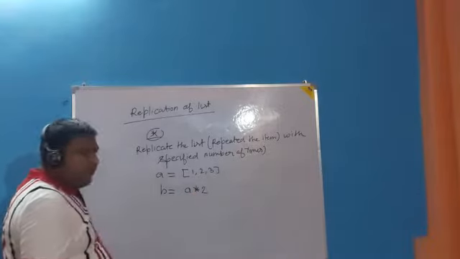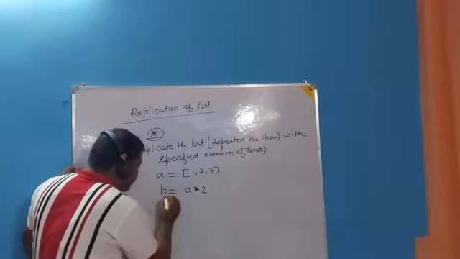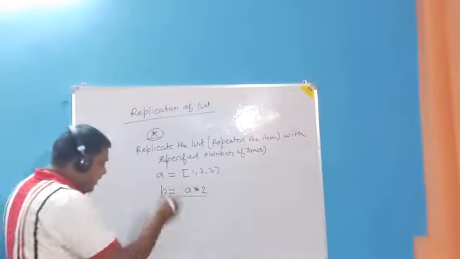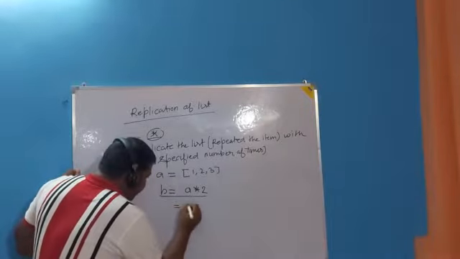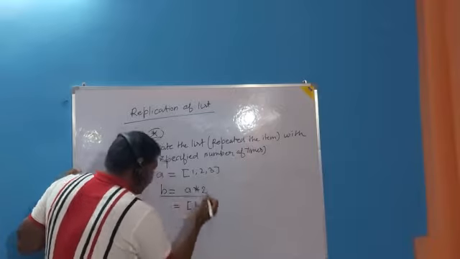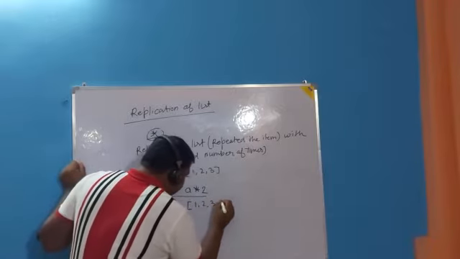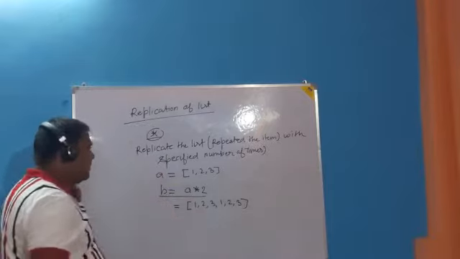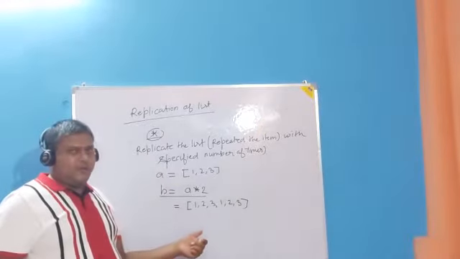If this expression is executed, the compiler will give you another list, that is 1, 2, 3 one time, and again the items will repeat. So that is a replication of a list.